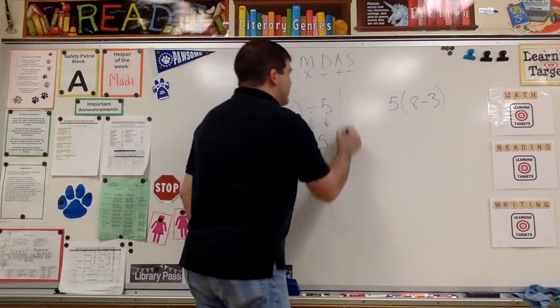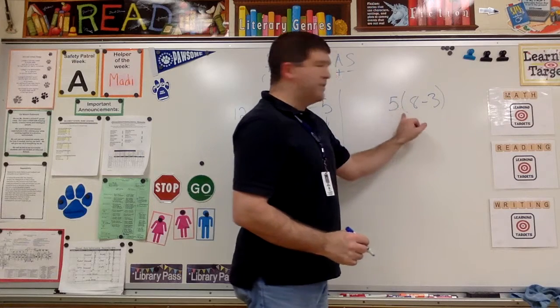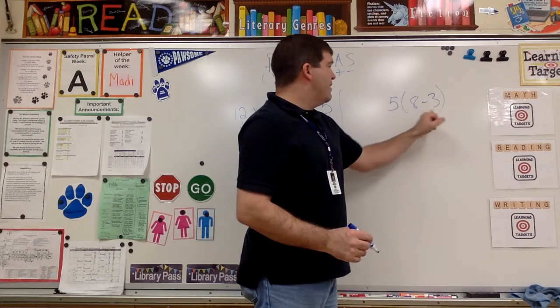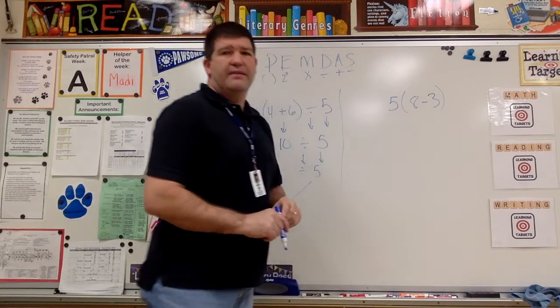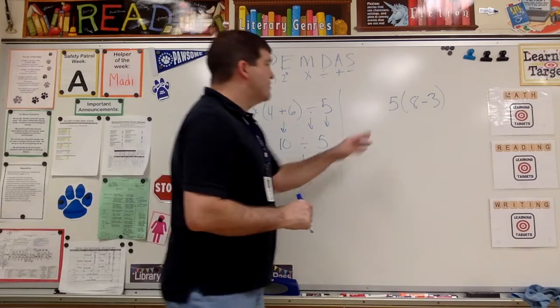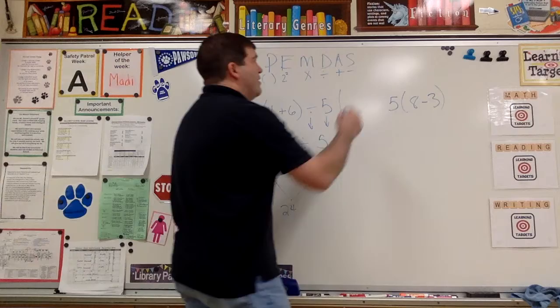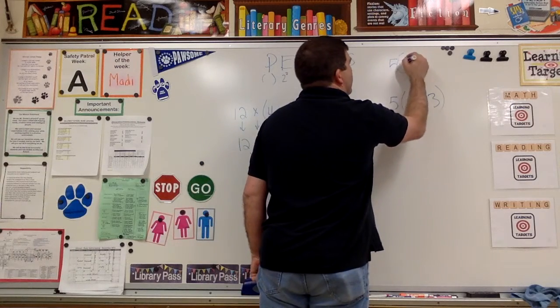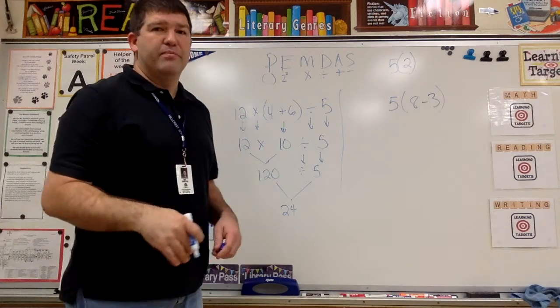All right. Let's look at this one over here. 5, which is next to a parentheses. When something is next to a parentheses like this, it's multiplication. Okay? You're timesing this by this. That's just something you need to learn. Whenever you have like 5 next to a parentheses of 2, it means multiplication.